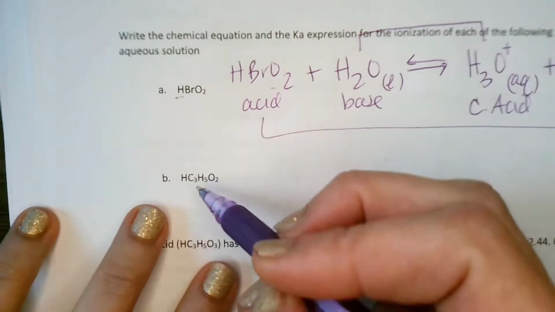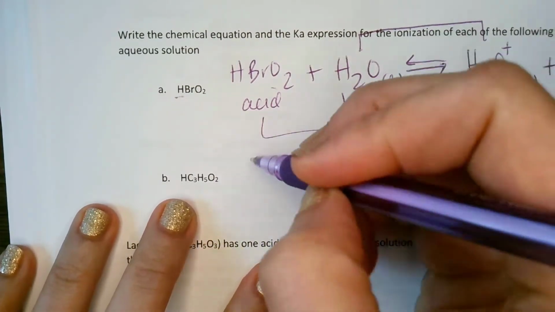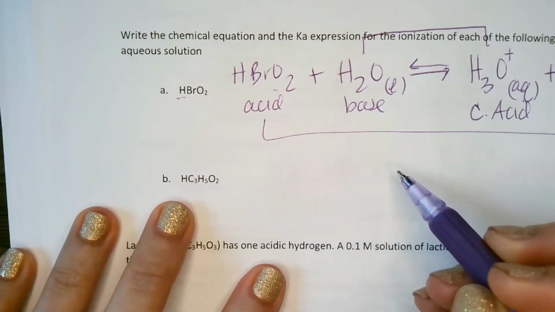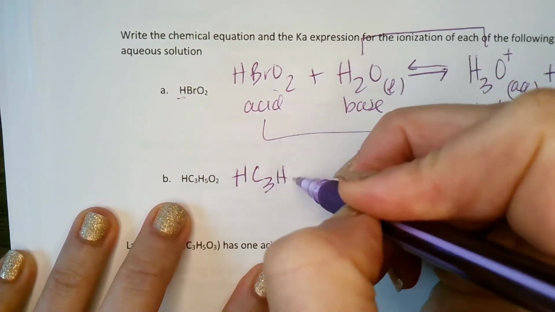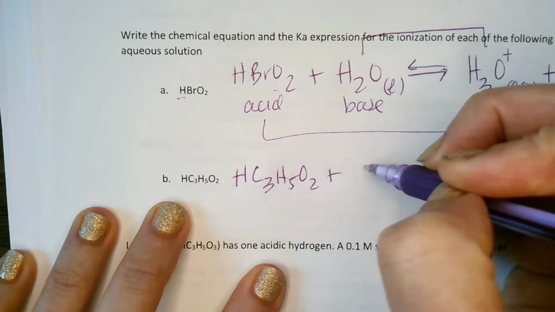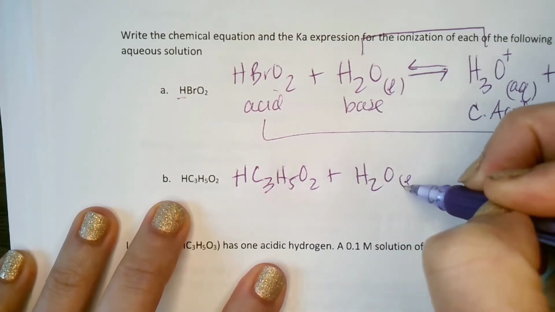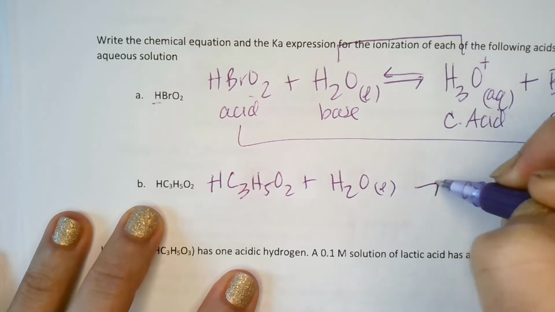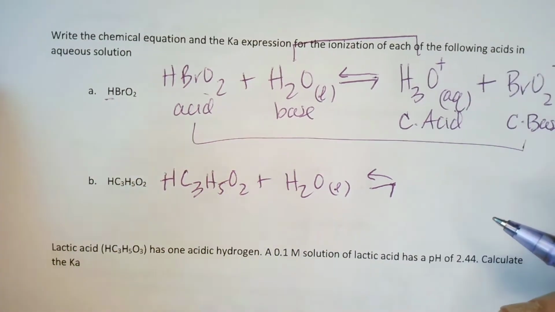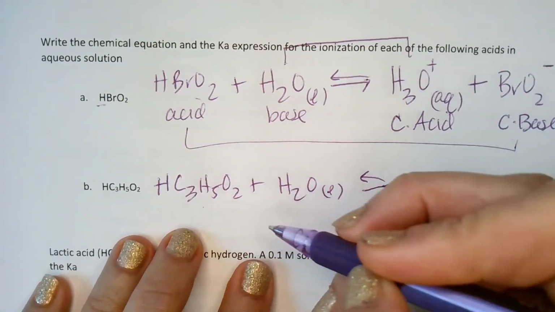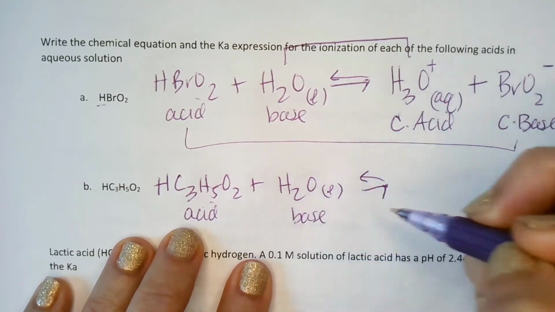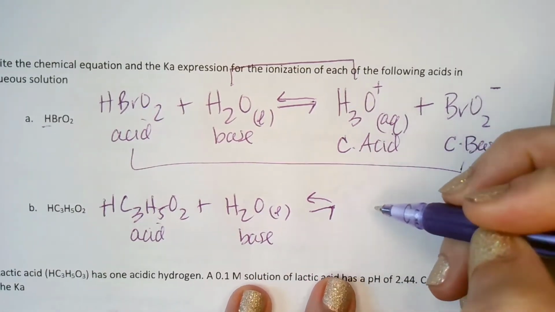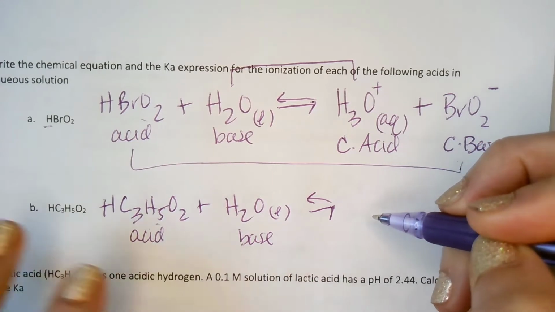All right, and here we have HC3H5O2. And again, we're putting it in an aqueous solution, so let's set this up. In water. And we're going to have our proton transfer. So we have our acid, we have our base, we have our Bronsted-Lowry conjugate acid, conjugate base formed.